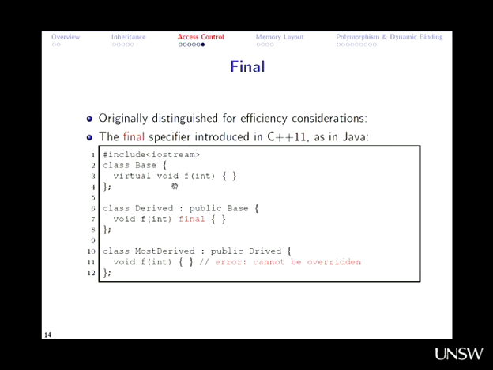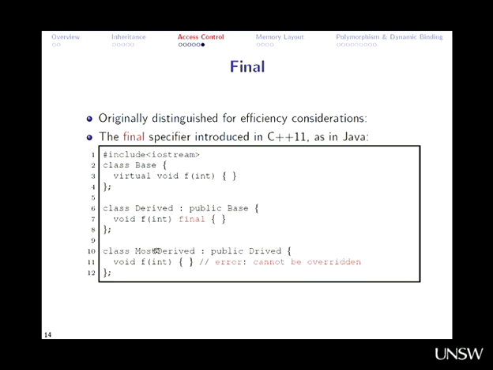This f function can be overridden in derived classes. We then have a derived class that inherits from base and says void f final. We override function f in the derived class, but we say this is final. Anything that inherits further from the derived class cannot override that function. This is the final version of it.